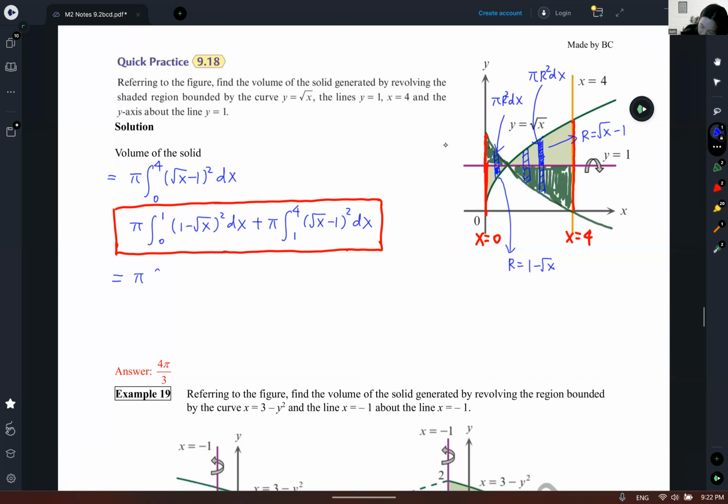And then expansion. And then integration.